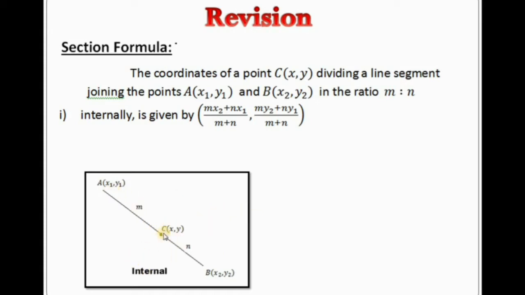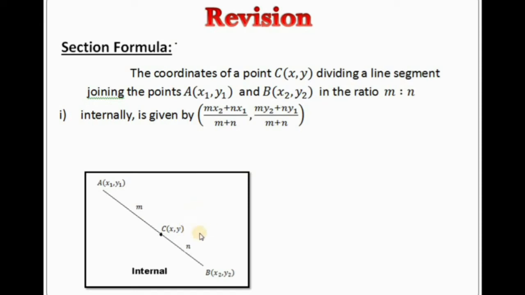The coordinate of C is given by x equals (mx2 + nx1) divided by (m + n). So this gives you the x. We call x the abscissa, remember. The abscissa is given by this quantity, and the ordinate, that is the value of y, will be given by this particular formula. So this is all about your internal case.